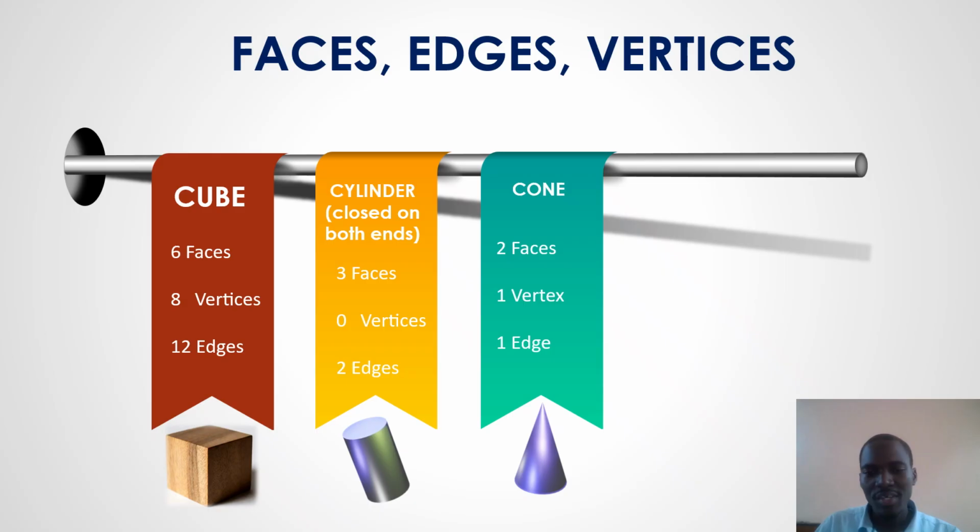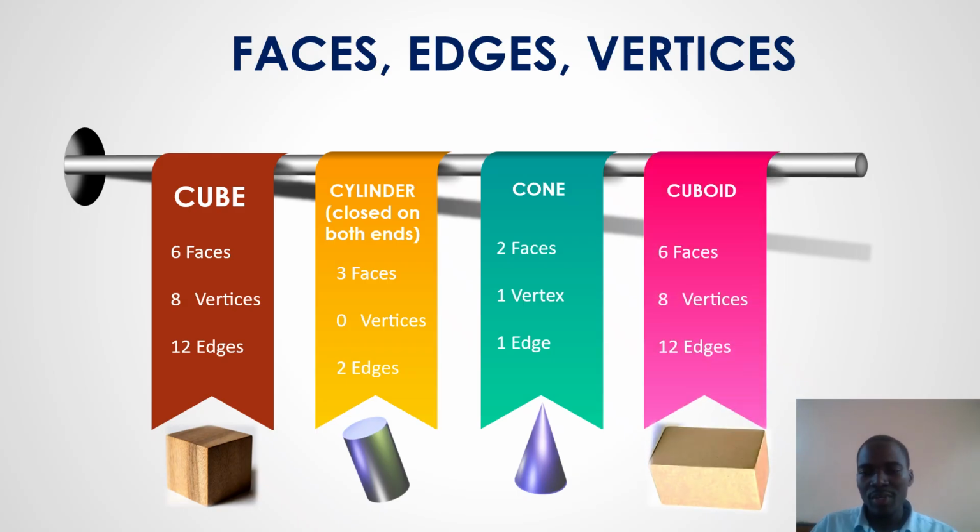Continuing to the cone, it has 2 faces when it's closed and 1 face when it's open, 1 vertex, as we can see clearly at the top, and then 1 edge, that is the circumference joining the circle and the round surface. The cuboid has 6 faces, 8 vertices and 12 edges, as seen in the cube.